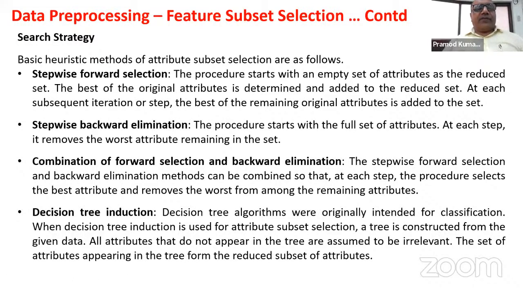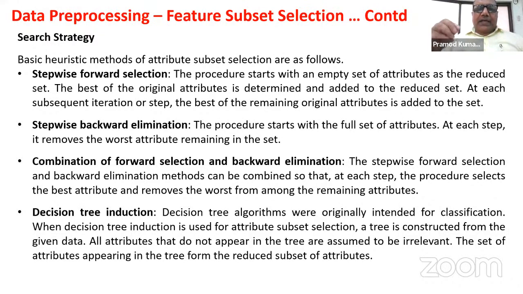A stepwise forward selection. The procedure starts with an empty set of attributes as the reduced set. The best of the original attributes is determined and added to the reduced set. At each subsequent iteration or step, the best of the remaining original attributes is added to the set. As the name indicates, it starts with a null set, nothing is there.